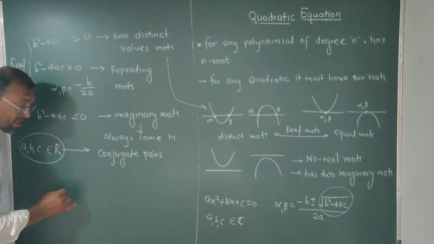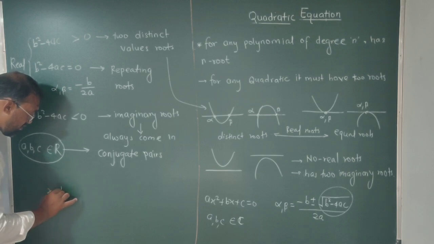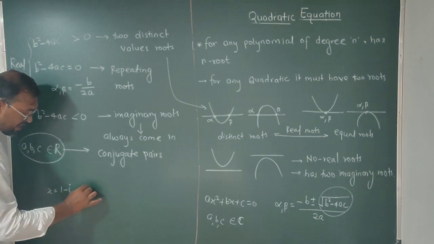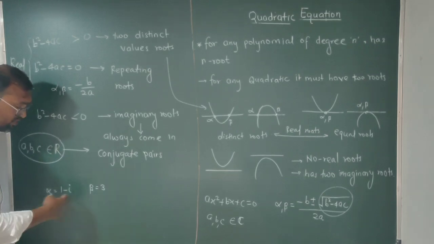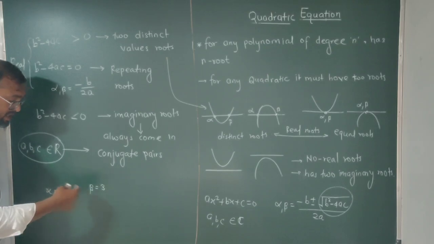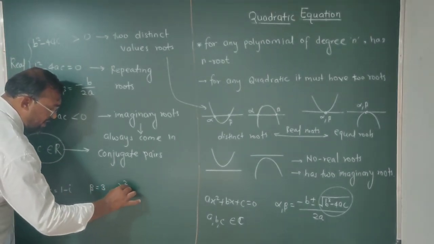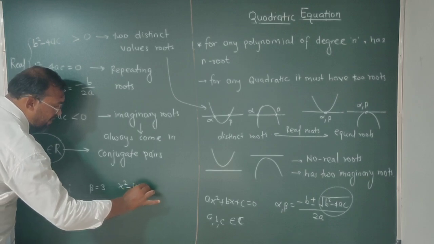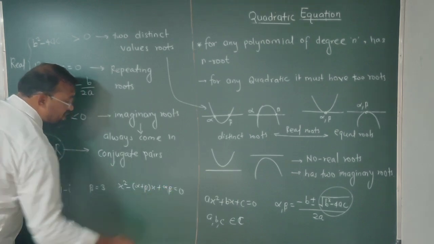Let α = 1 − i and β = 3. These are two roots, one real, one imaginary. Now let's make up the equation. The quadratic equation is x² − (α + β)x + αβ = 0.